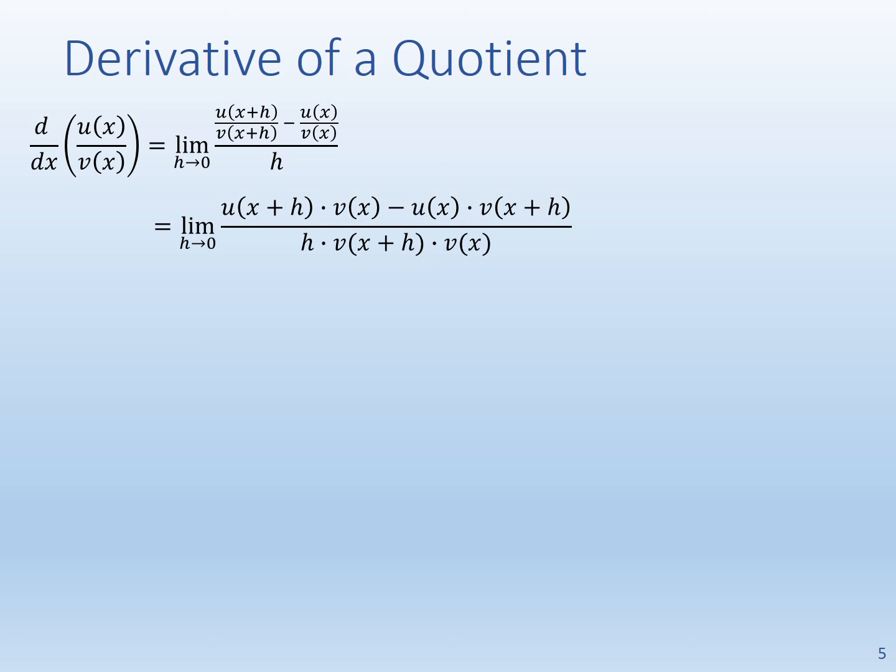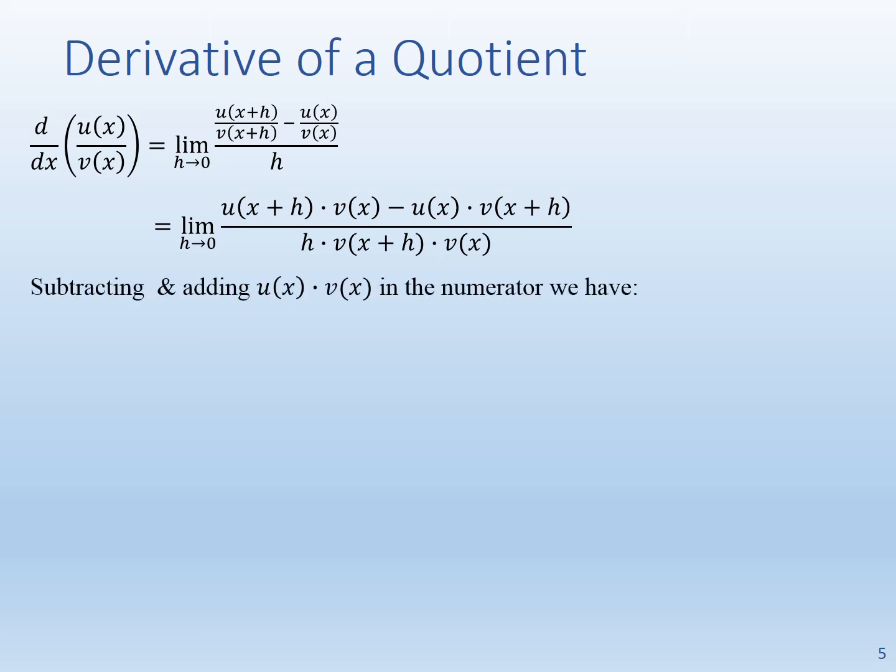We'll get a common denominator of h times v of x plus h times v of x. So the u of x plus h needs to be multiplied by the v of x. That's the first term. And the second term, u of x, is multiplied by the v of x plus h, all divided by h, and the common denominator there of v of x plus h times v of x.